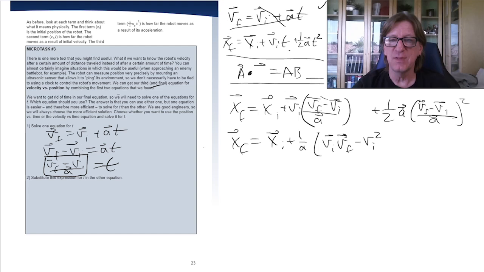Now, if I have the same vector though, then this just becomes A squared, and it's still a scalar. It's a scalar, it's not a vector anymore. So anytime I multiply two vectors together, they're going to become scalars.